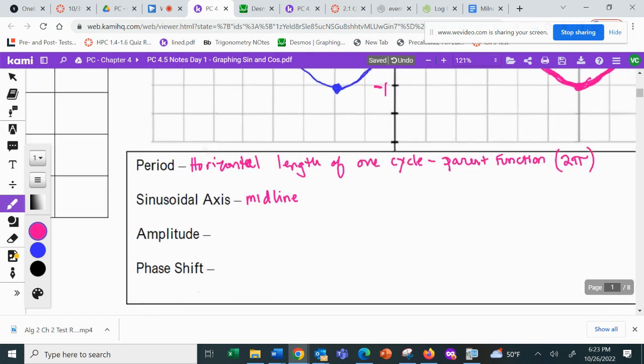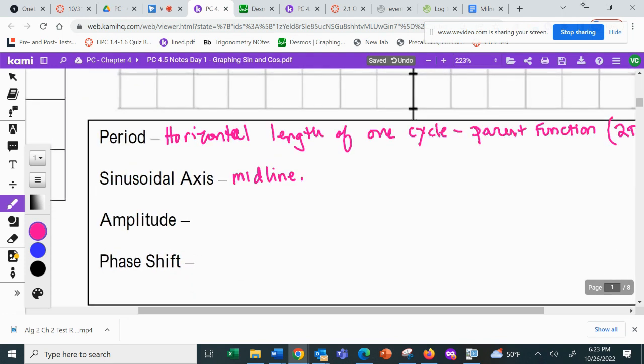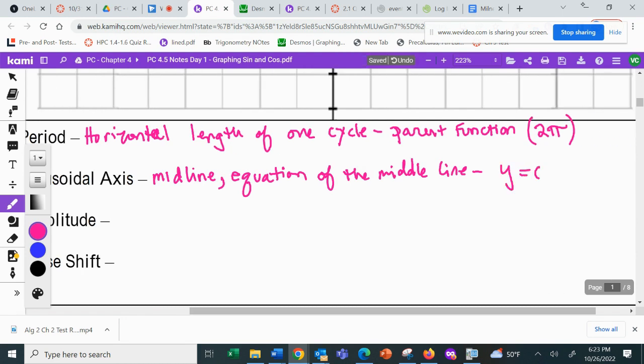So we write the sinusoidal axis as an equation of a line. And for the parent function, it's going to be y equals 0.